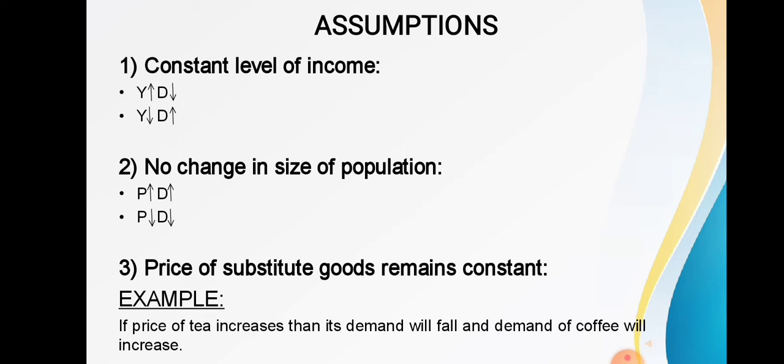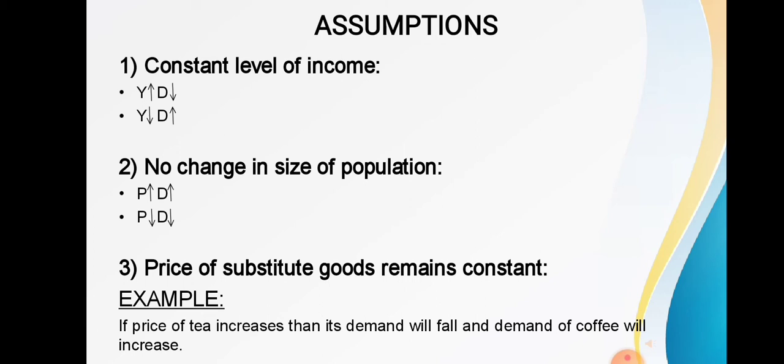If the income increases, people will tend to buy more of the commodity even at a higher price. So the first assumption is a constant level of income. I hope the first assumption is clear. There should not be any change in the income of the consumer.